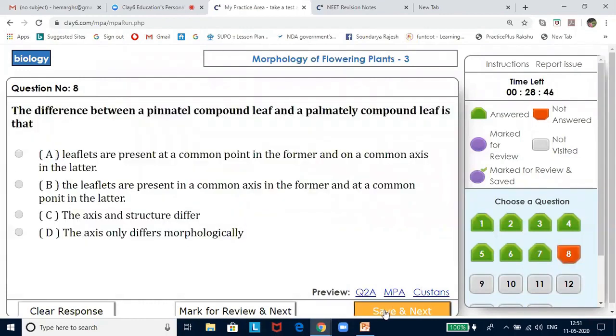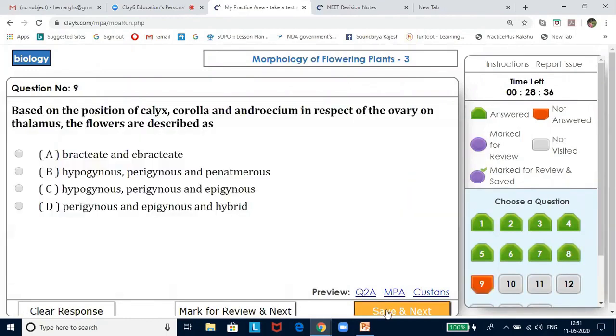The difference between pinnately compound leaf and palmately compound leaf is that leaflets are present on a common axis in the former and at a common point in the latter.